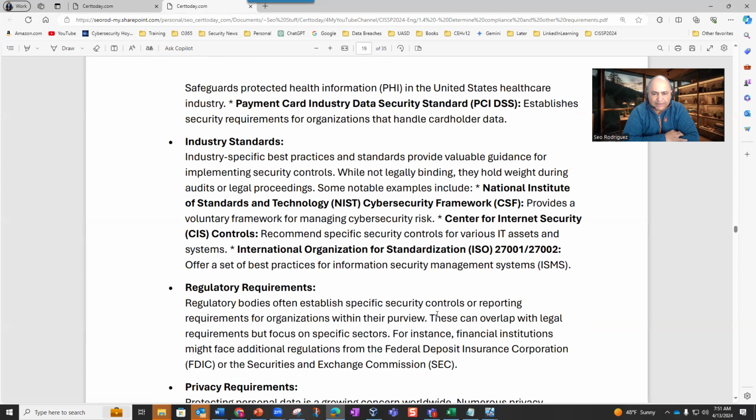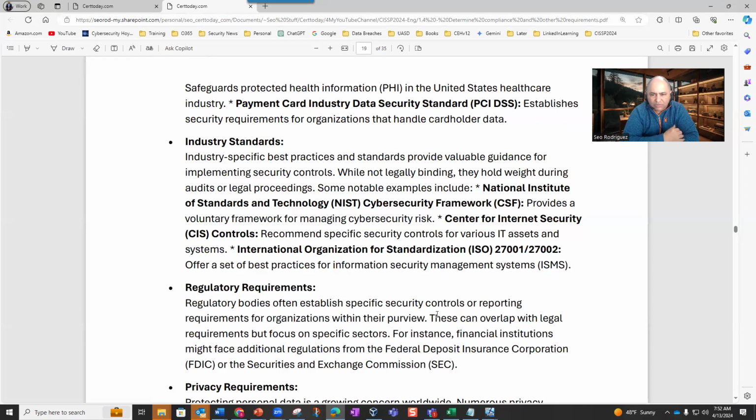Then we have some industry standards that will help you to navigate those laws. Some companies are also required to follow some of these standards, especially if you are in the government in the United States.